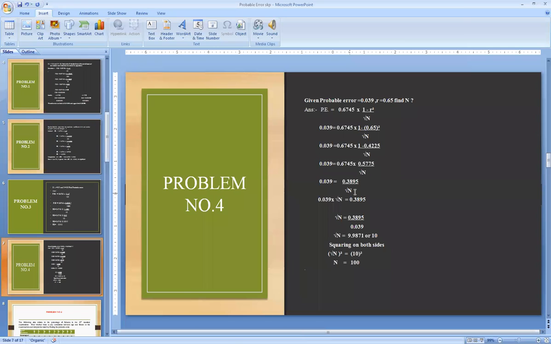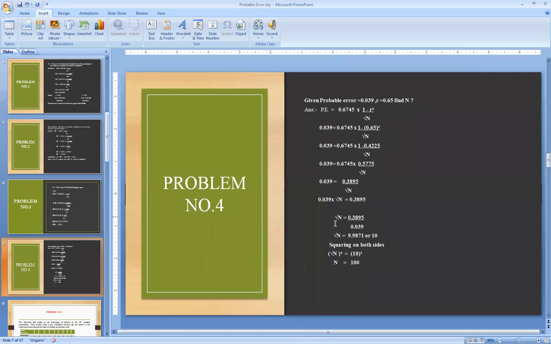Now with the help of cross multiplication, we are shifting this root n to the left side. Along with 0.039, we multiply root n, and on the left hand side, there is no number, so it is assumed to be 1. Now we multiply 0.039 into square root n equals, on the right hand side only the number remains, that is 0.3895.